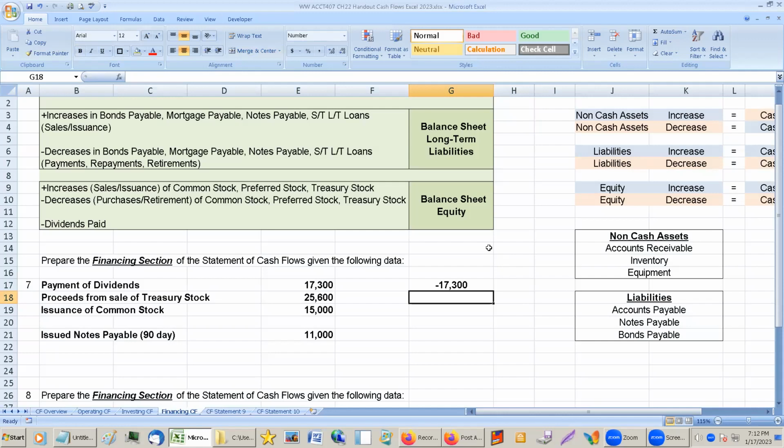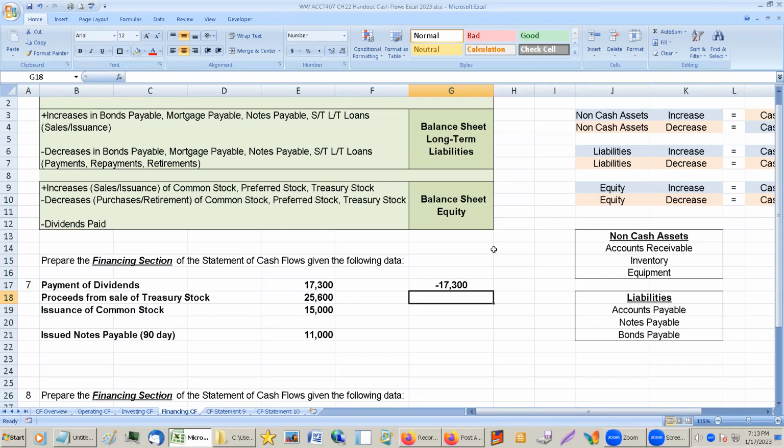Proceeds from the sale of treasury stock. Plus or minus? Plus. Plus.